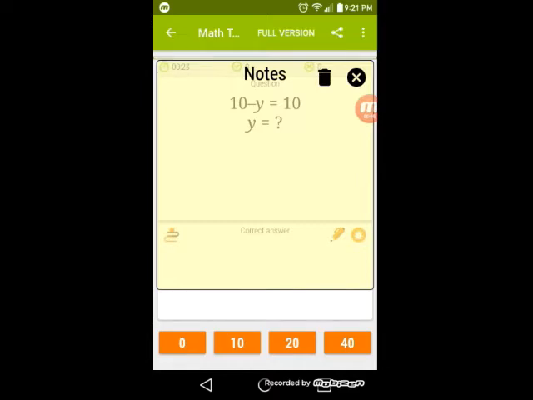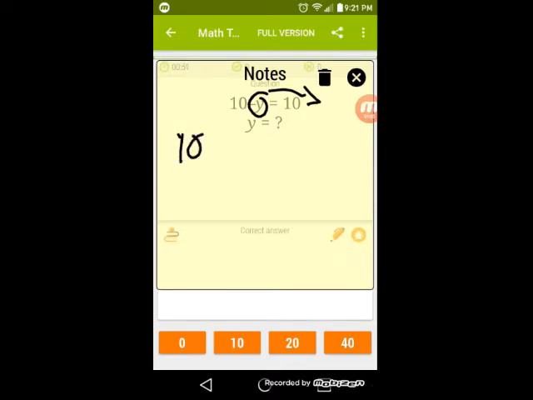So what we are trying to do is take this x away and over to this side, and we do that by, well, there's one way and then there's a shorter way. I'll show you the longer way first.